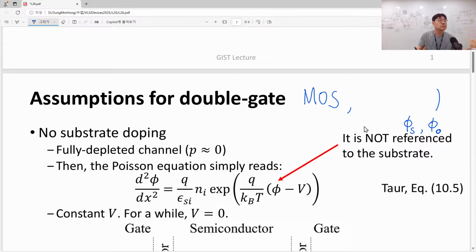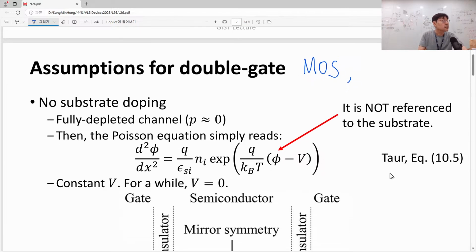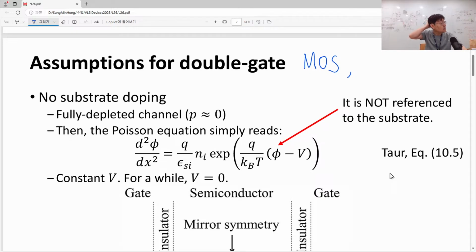Okay, so let's quickly go to our lecture material. In order to derive the double-gate MOSFET, we adopt some approximations. One is no substrate doping, so simply speaking, Na equals 0. And also, we adopt the fully depleted channel approximation, so hole density is also neglected.